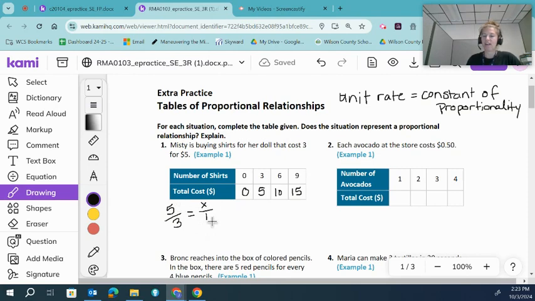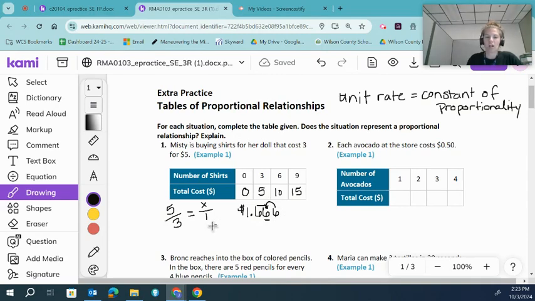Okay, and in order to find our unit rate, we just divide 5 divided by 3. And that is going to give you 1.66 repeating. Okay, and because we're talking about dollars, we are going to round to the nearest hundredths place, which this next 6 is going to tell this one to round up.